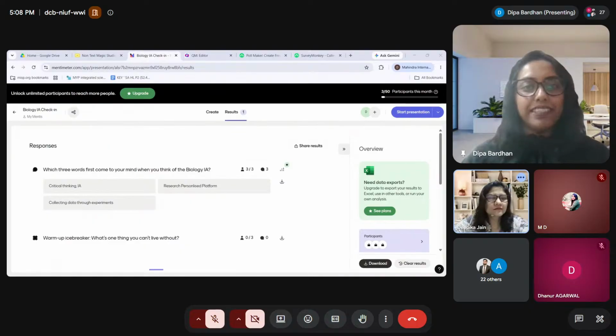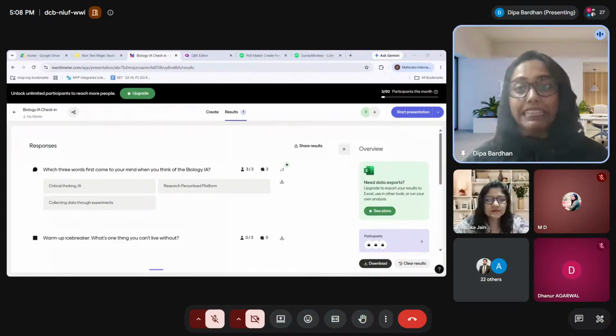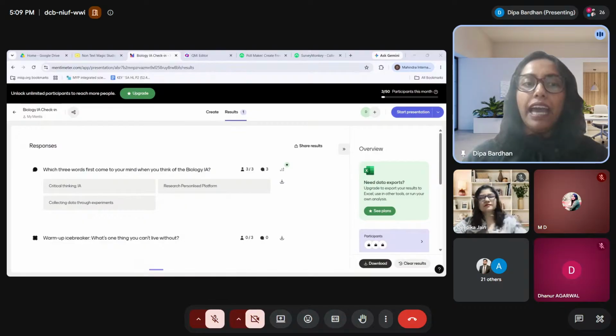Okay, so I see critical thinking, IAs, research, personalized platform, collecting data through experiments. So when I see research, personalized platform, yes, good. It is something which is connected to the person who is conducting this IA, who is taking care of this IA.